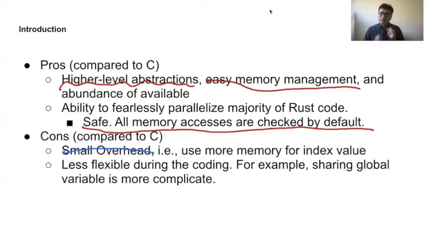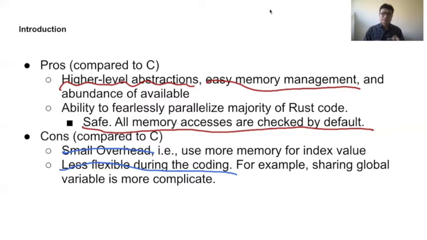Even though the executable file you compile can be almost like the executable from C, it might have a small overhead, and be less flexible during coding in some ways. For example, imagine that you want to do thread programming and you want to share a variable.